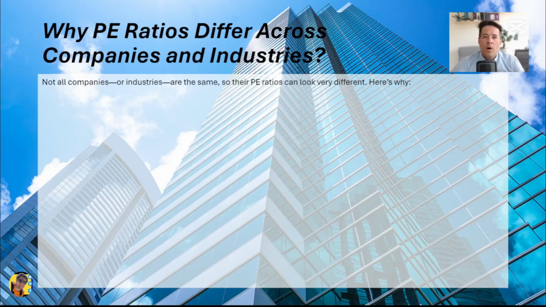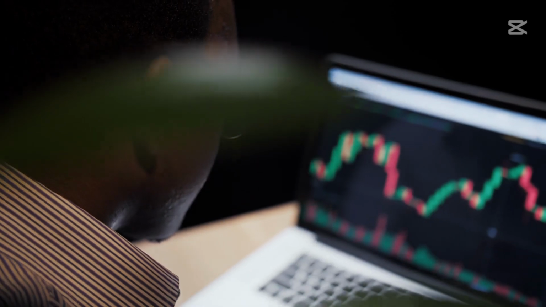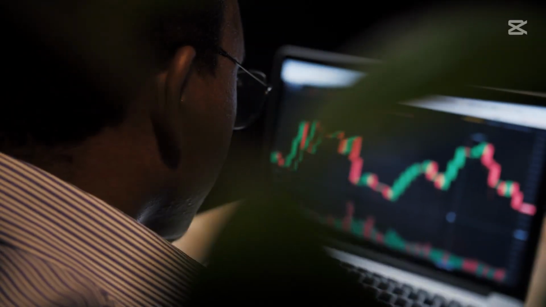So why do PE ratios differ across companies and industries? Well, there are a number of reasons why a PE ratio can skyrocket and go up a lot. One of the most obvious is when a company has a very strong growth expectation.